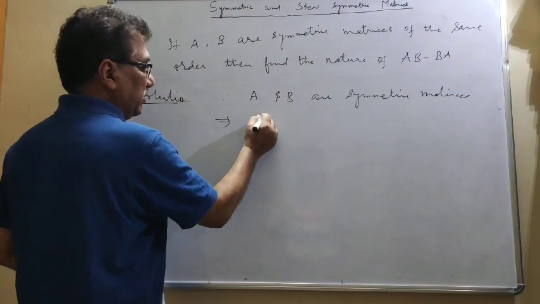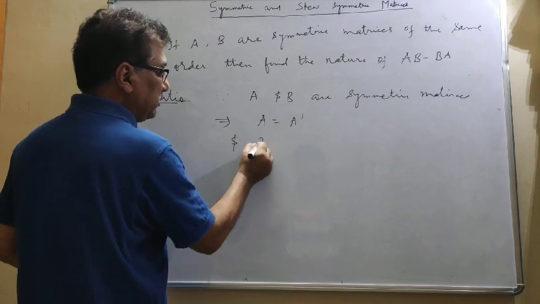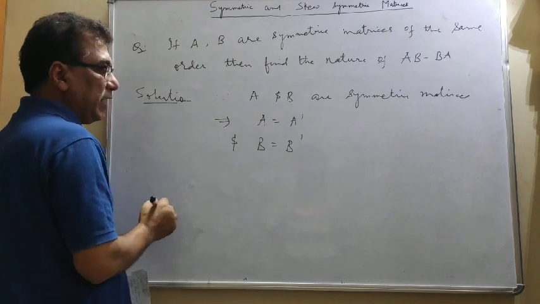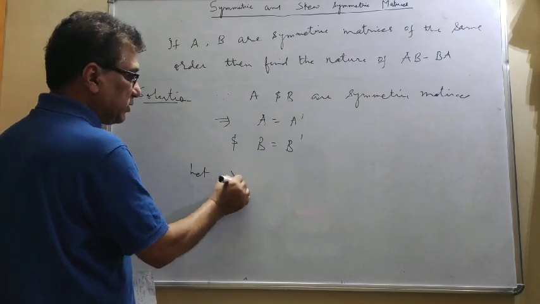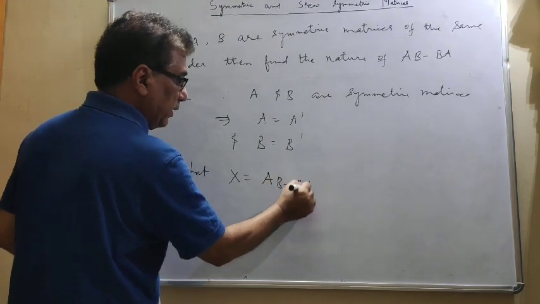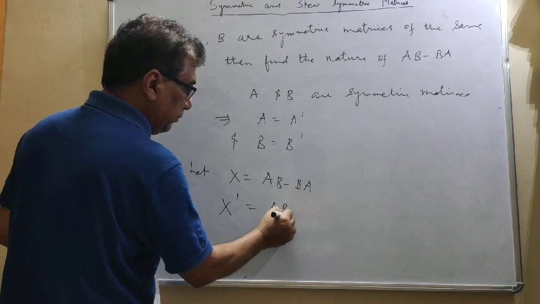it means that A is equal to A dash and B is equal to B dash. We are concerned with the matrix AB minus BA. So let X be equal to AB minus BA. Let us take the transpose of both sides.